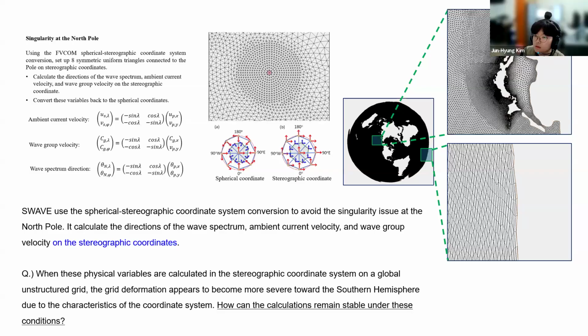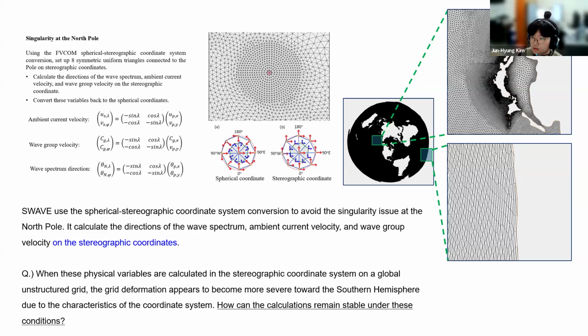SWAVE uses a spherical stereographic coordinate system conversion to avoid the singularity issue at the North Pole. It calculates the directions of the wave spectrum, ambient current velocity, and wave group velocity on the stereographic coordinates, and converts these variables back to spherical coordinates.